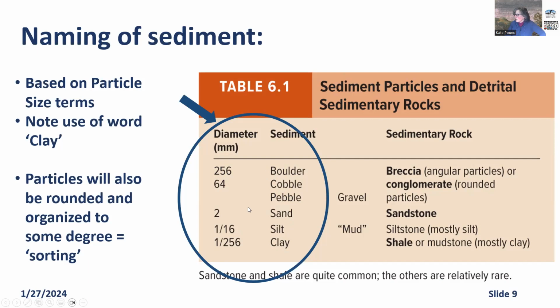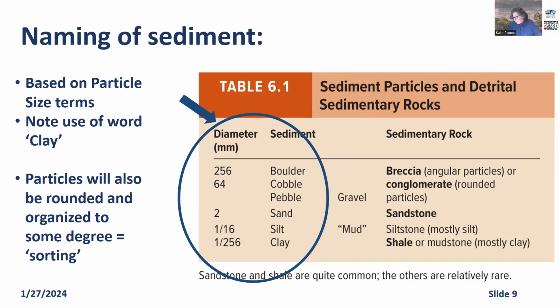Pebbles and cobbles range from 2 millimeters to 6 millimeters. And then you go down to silt and clay. One thing I want to point out is that the word clay is used in several ways in geology. In this case, we aren't thinking about modeling clay at all. We're using the word clay for lots of tiny particles.